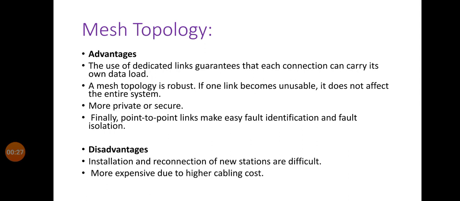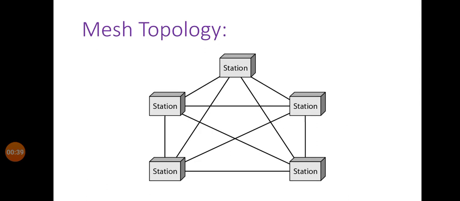The first advantage of mesh topology is that the use of dedicated links guarantees that each connection can carry its own data load. As you can see in mesh topology, each station has a separate path to every other station.